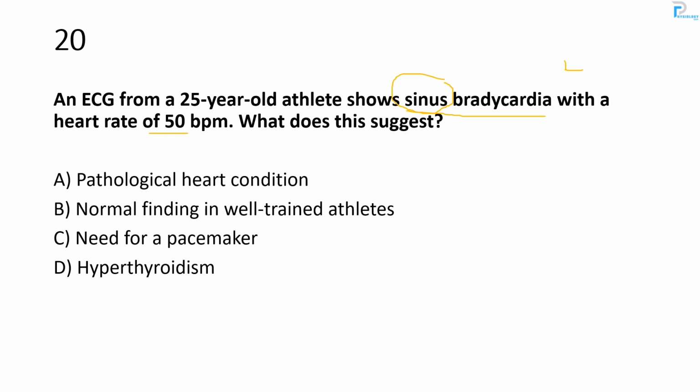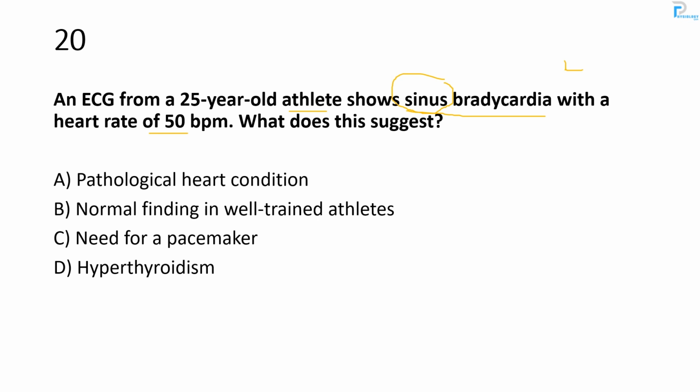So what does this suggest? This is an athlete, and in athletes we know they have high vagal tone. The vagus nerve, which supplies the heart, causes a decrease in the generation of action potentials from the SA node.